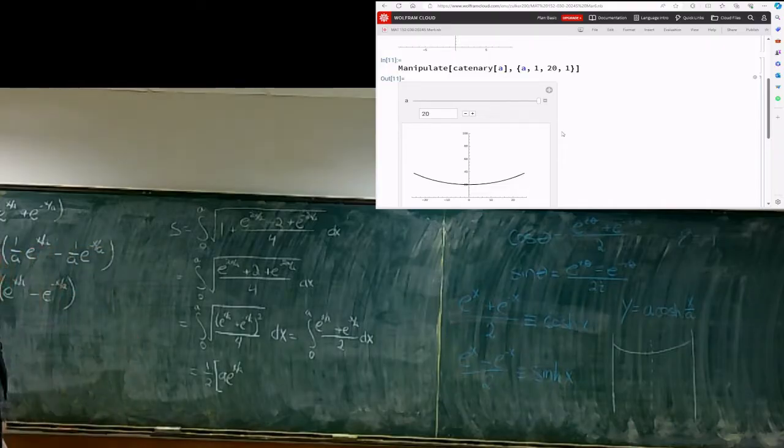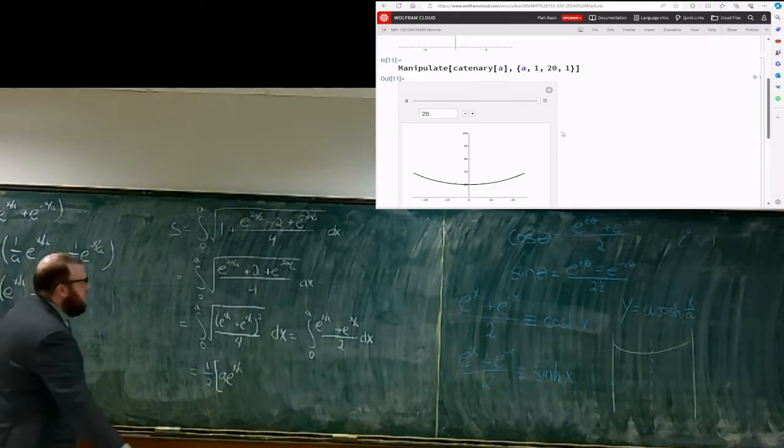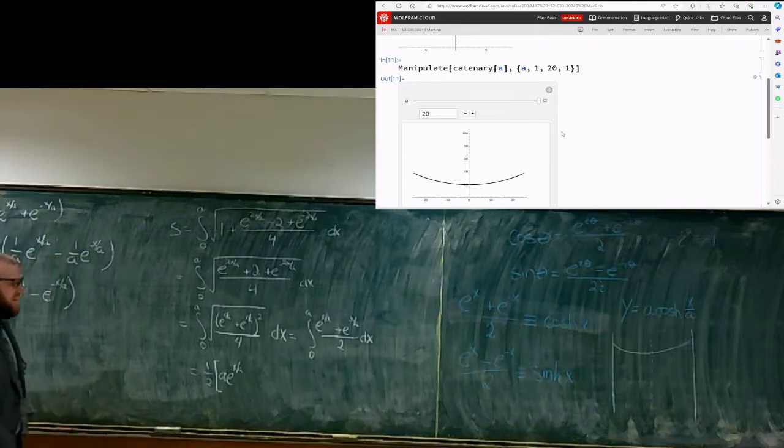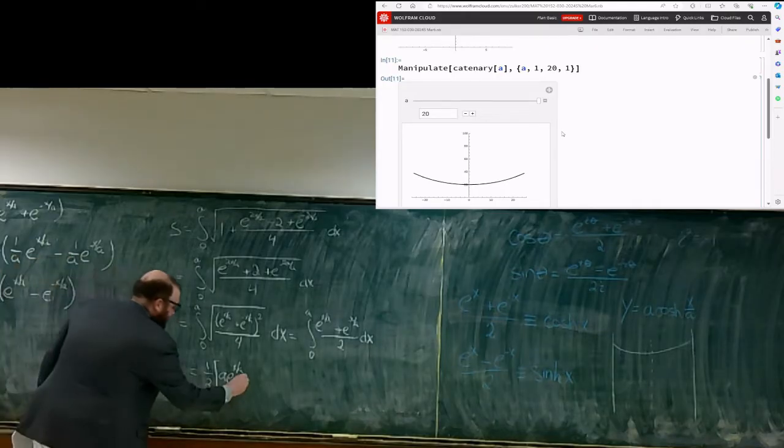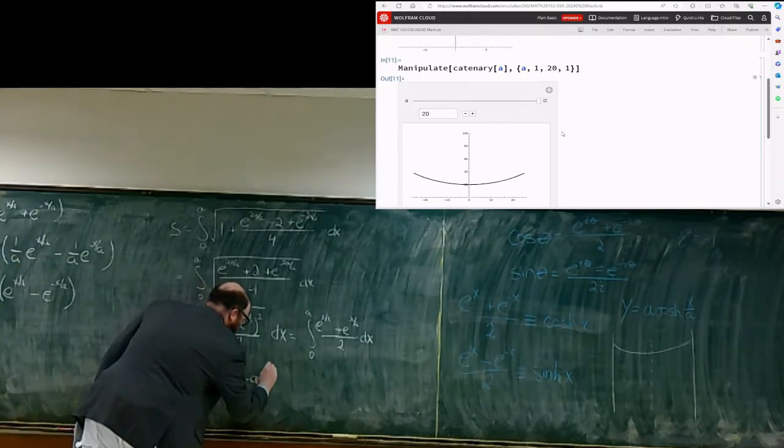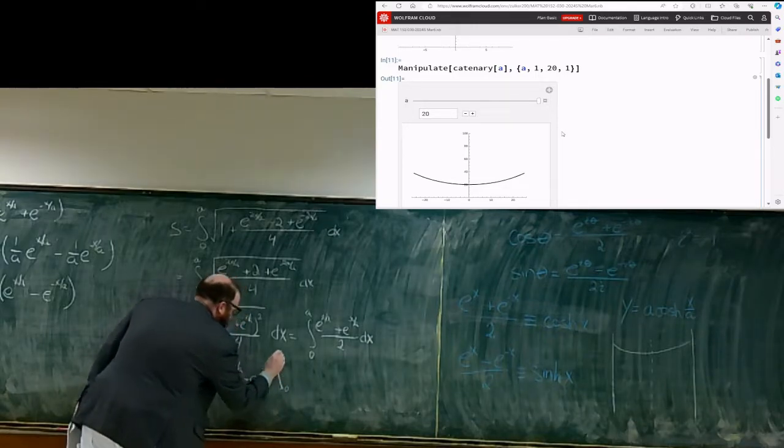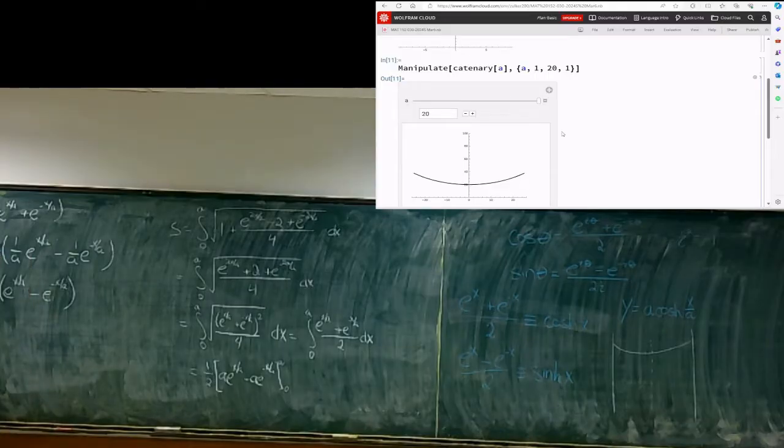What about e to the minus x over a? Is it negative a? That's going to be evaluated from 0 to a. We can factor out an a.